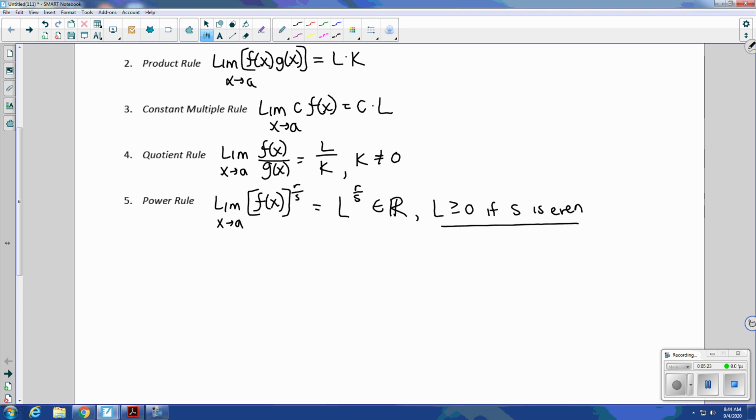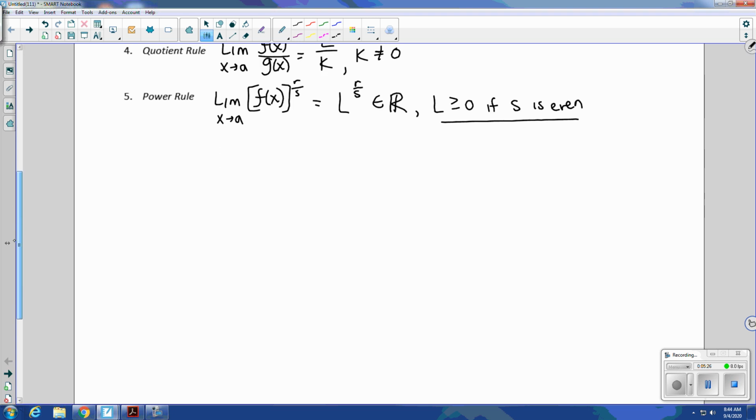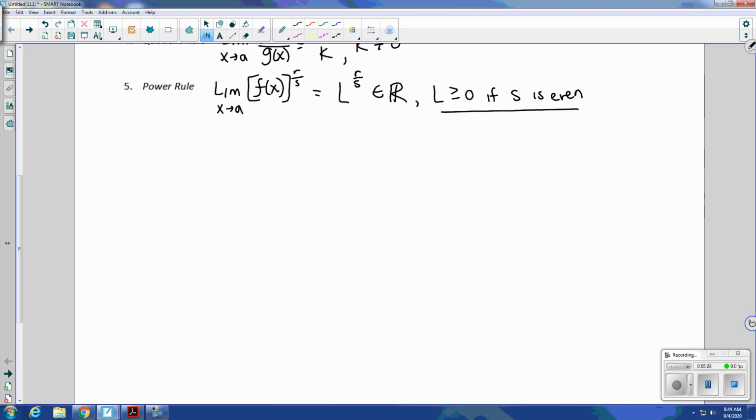So how are we going to determine limits of polynomial and rational expressions using just these properties? Well, let's say we have the limit, we'll just do a quick example, of x squared plus x minus 2 over x plus 4, as x approaches 2.